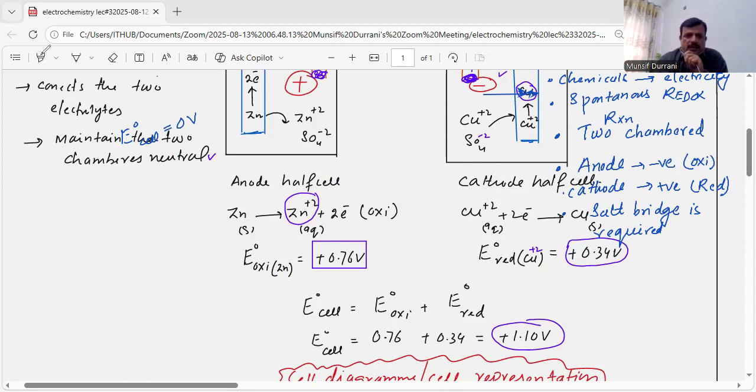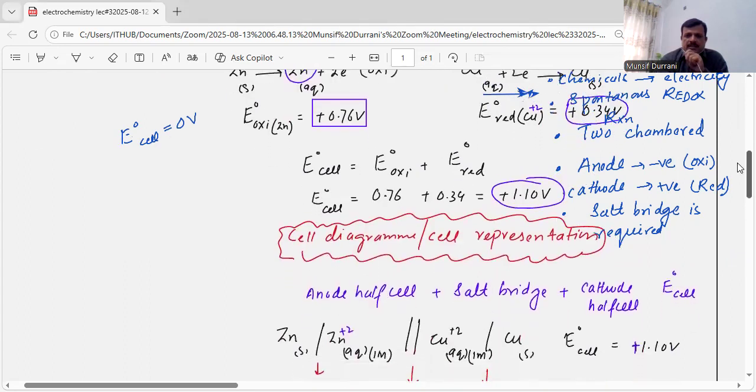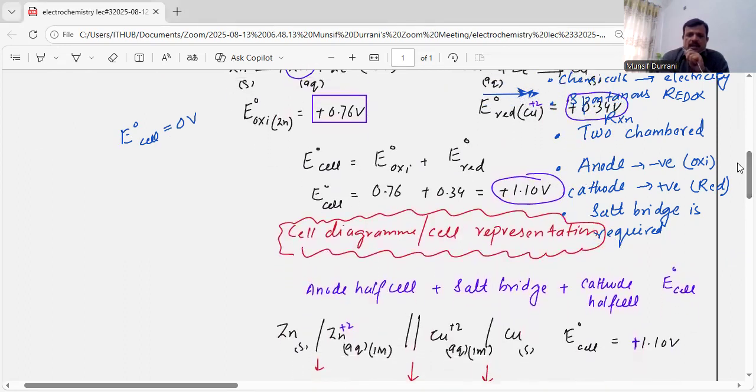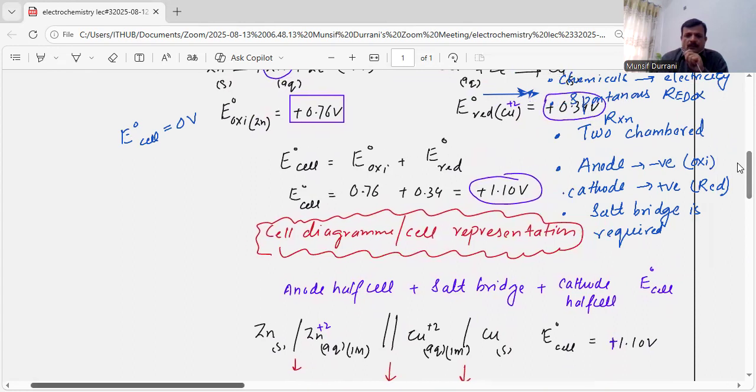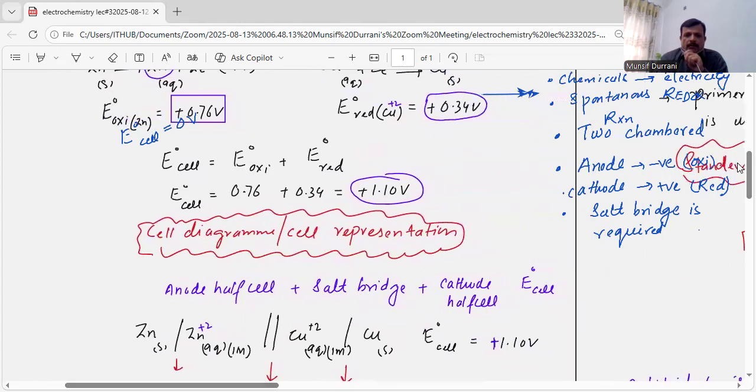Any voltaic cell can be represented by a diagram, that is called a cell diagram or cell representation. In the cell diagram, we write the anode half cell, then the salt bridge, then the cathode half cell, and how much electricity is produced in the cell is written at the end of the representation.